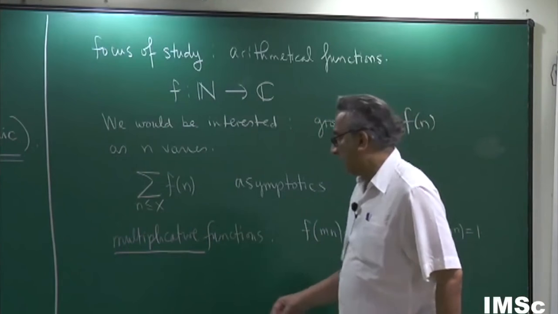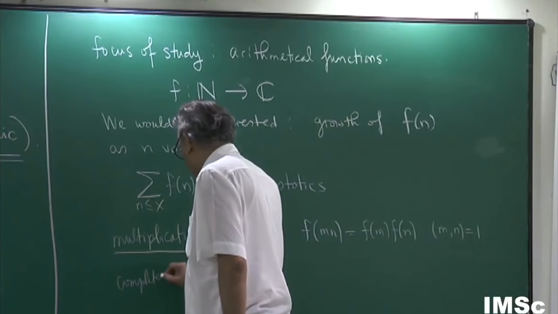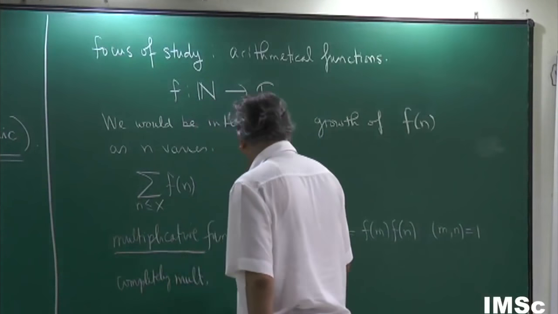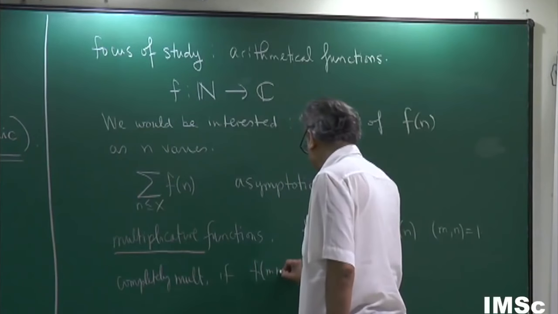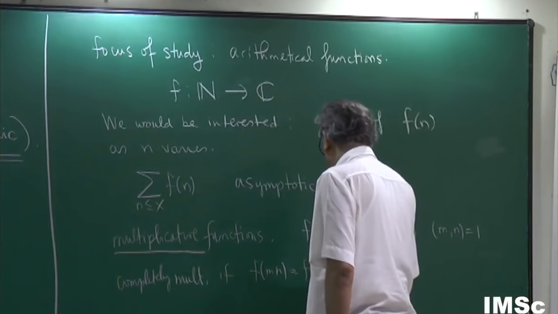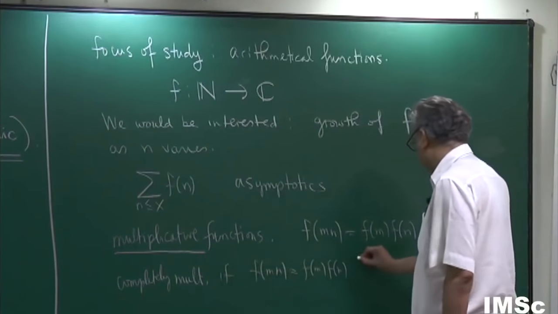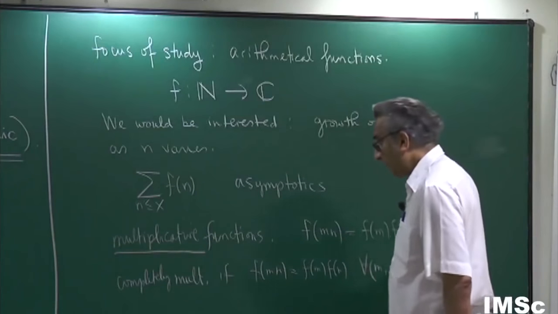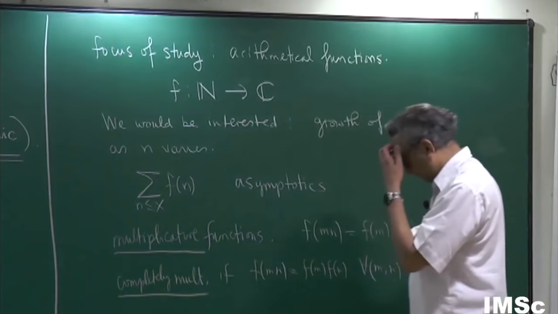We say the function is completely multiplicative if f of mn is equal to f of m times f of n for all m and n, whether they are coprime or not. It doesn't matter. So those are completely multiplicative functions.